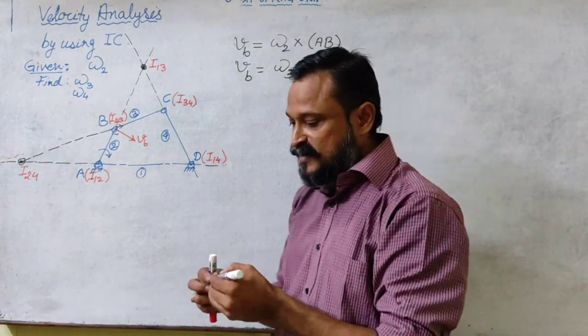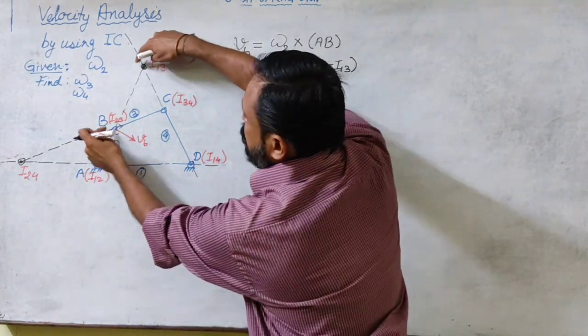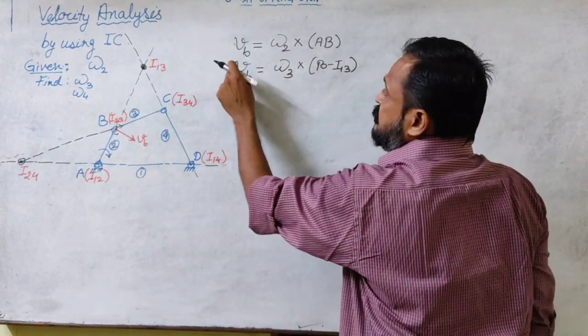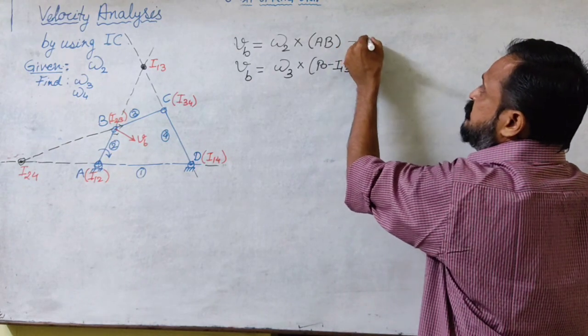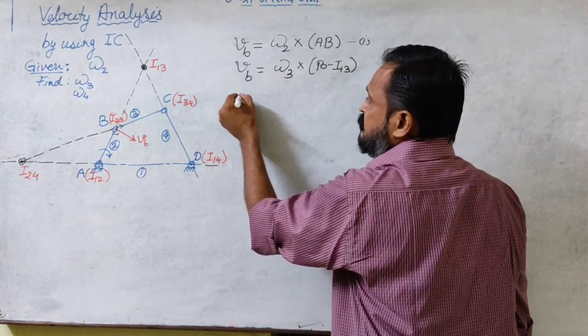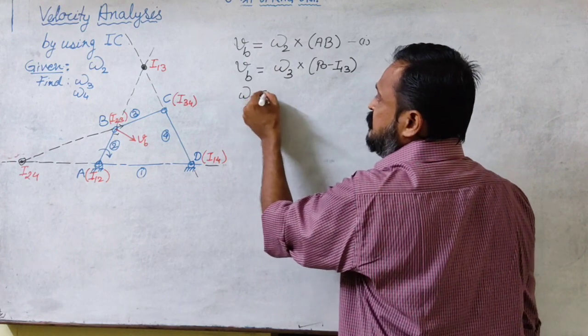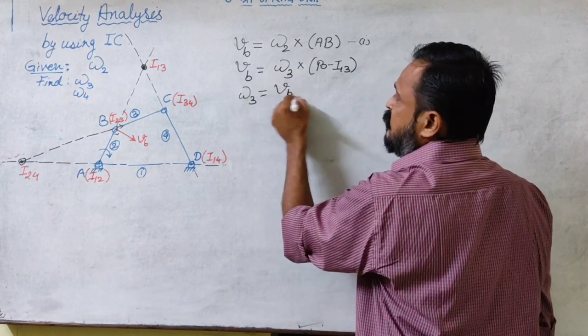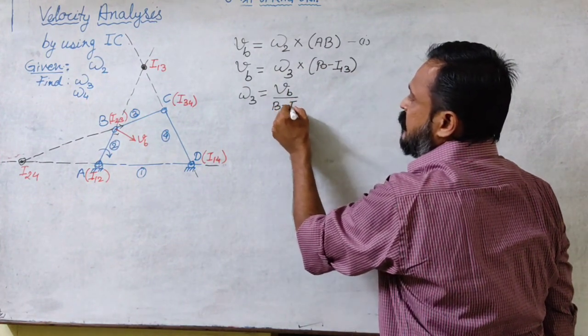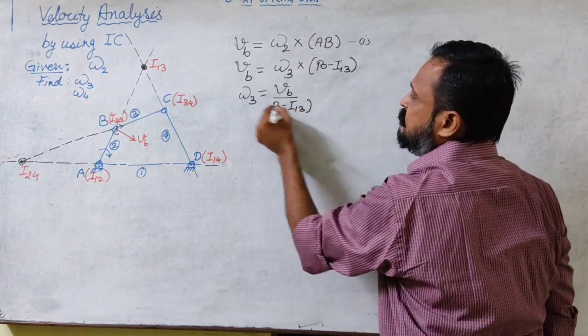So from the configuration diagram, we can very well measure this distance BI13. If I put this value, and this we have just now determined with the help of equation number 1, we can determine omega 3 as the velocity of B upon this distance BI13.